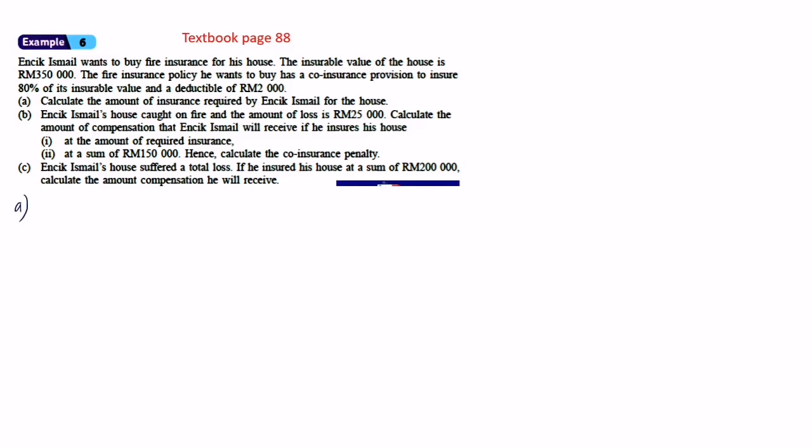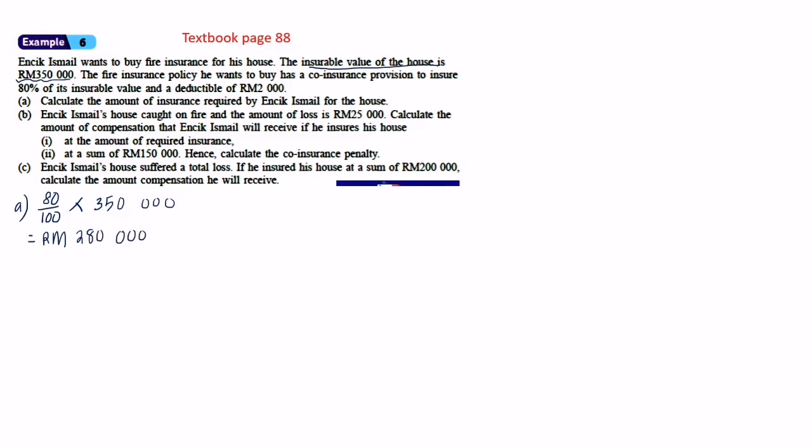So the amount of required insurance is 80% of the insurable value of the house, which is 350,000. So equals 280,000.